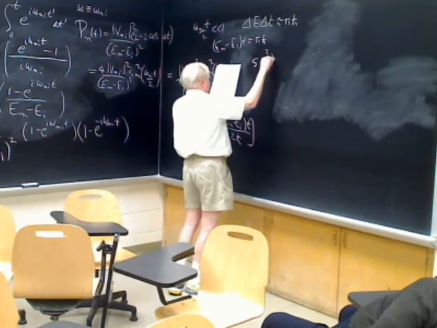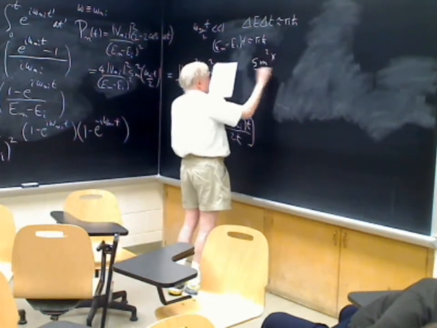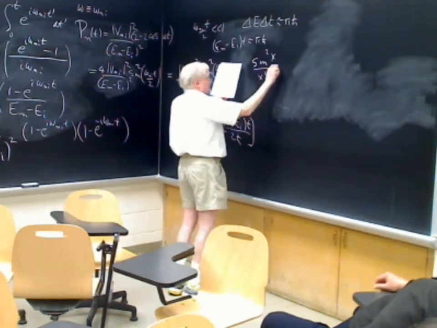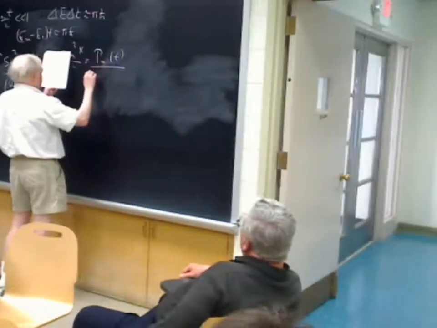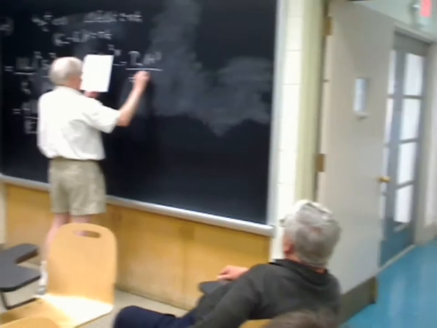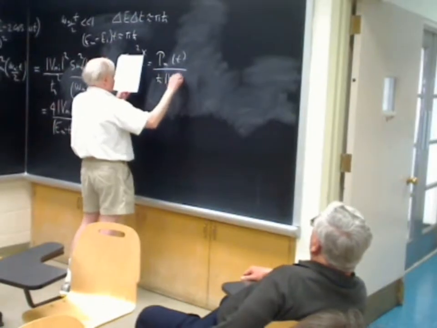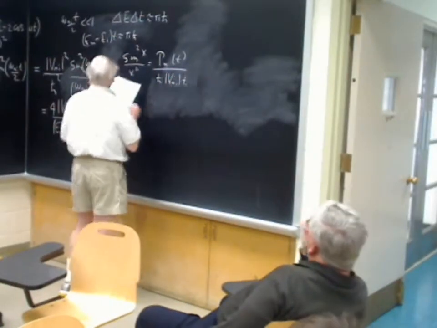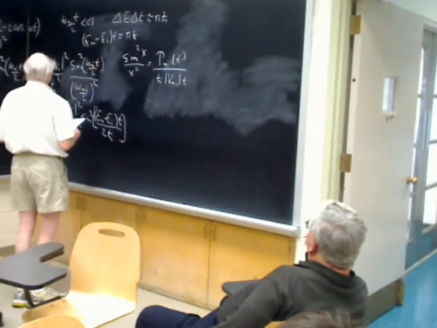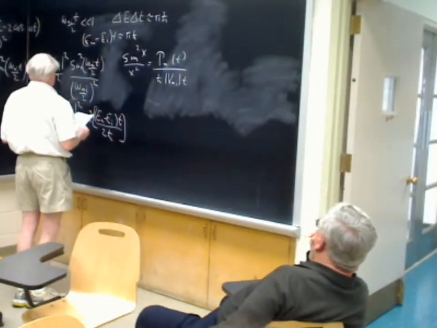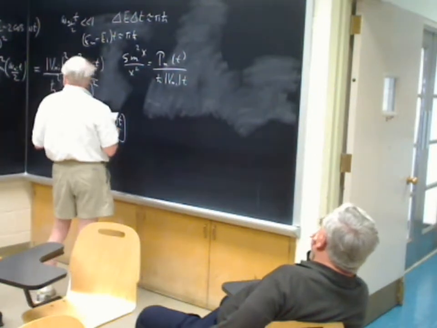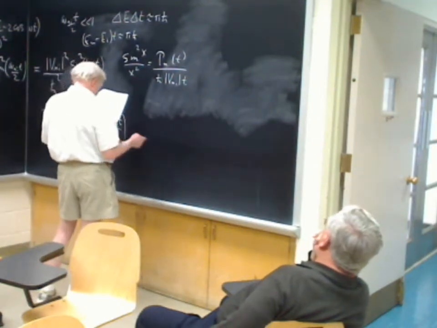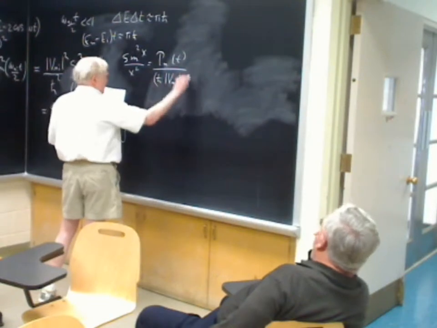But I think the better way to do it is to just graph sine squared x over x squared, which is to say P_n of t divided by h bar V_ni times t. And actually, I think that's V_ni, this should be squared.